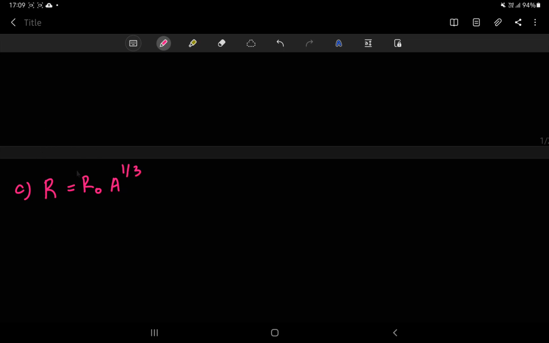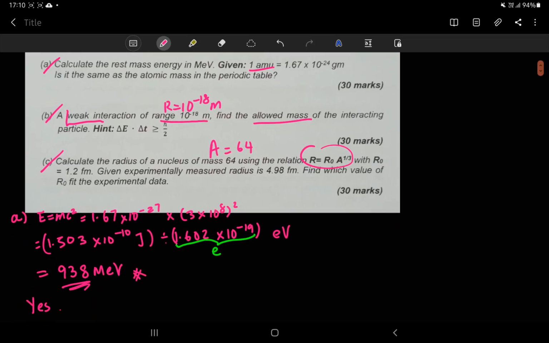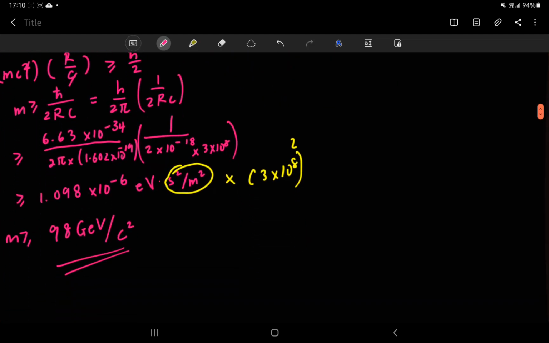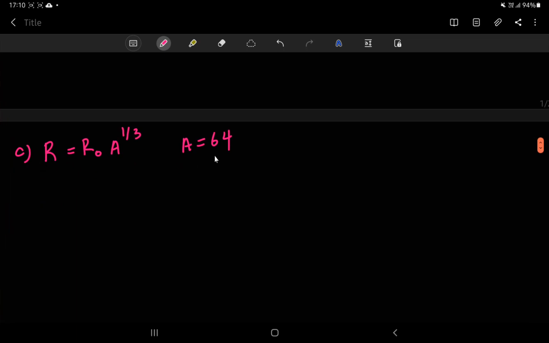So we know the atomic mass number A is 64. This is not m because m is mass, but here the variable is the atomic mass number, given by A. So A is 64, so we sub in the value.